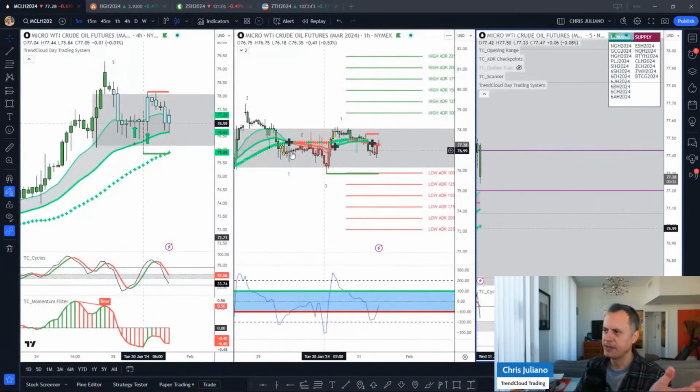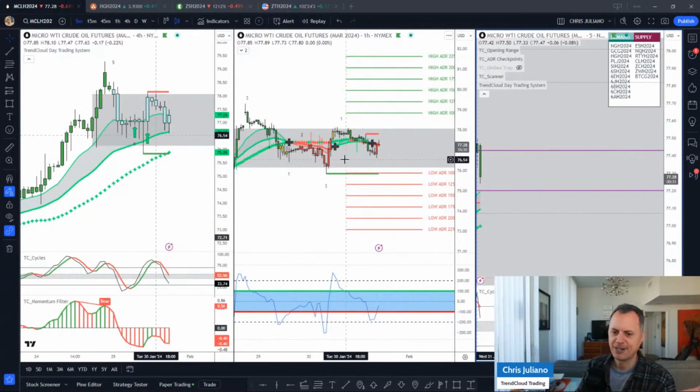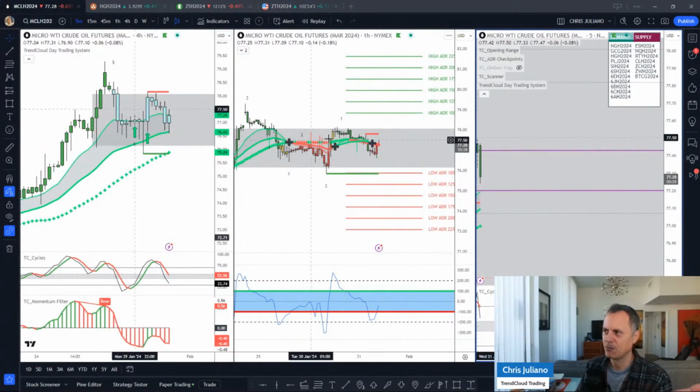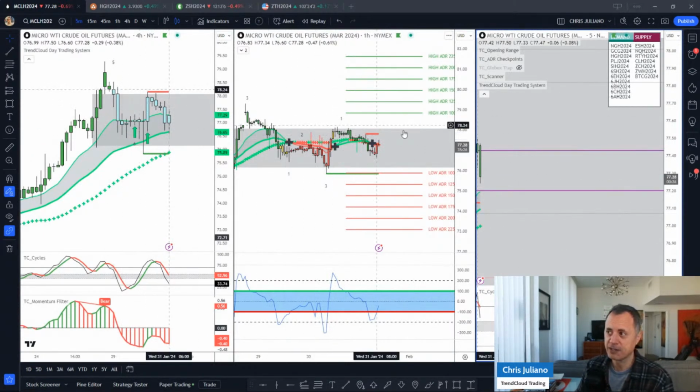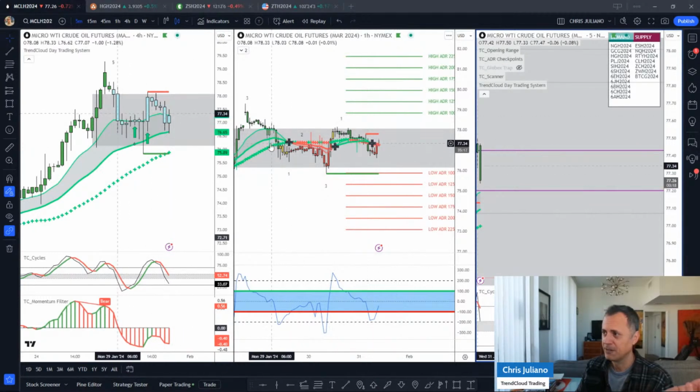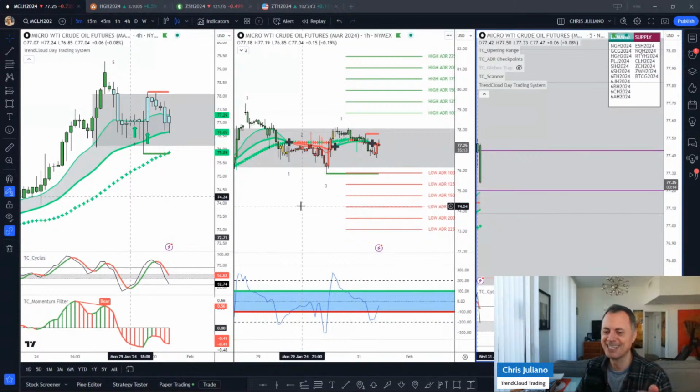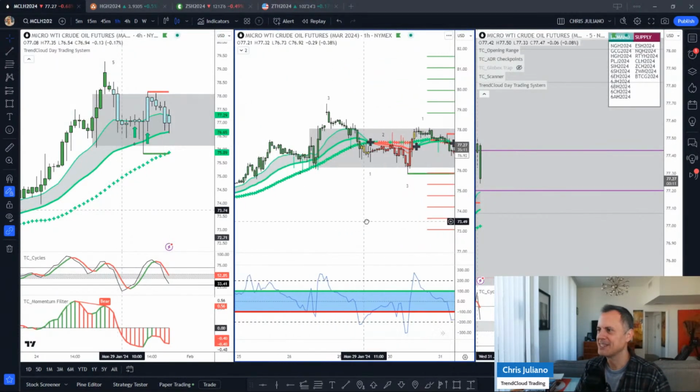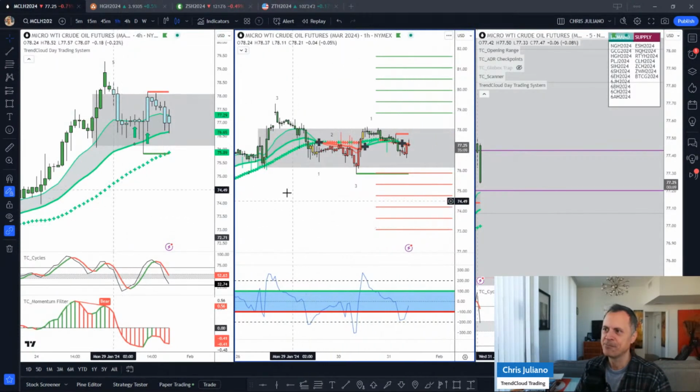Because if this is what's going on the higher time frames, like the 1-hour chart clearly consolidating, trend cloud is telling you, see these plus symbols lined up in a straight line? Yeah, we don't like that. So it's telling you what the deal is.